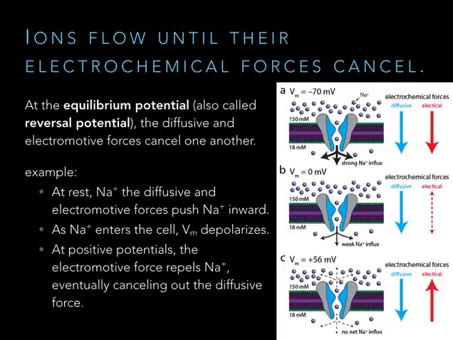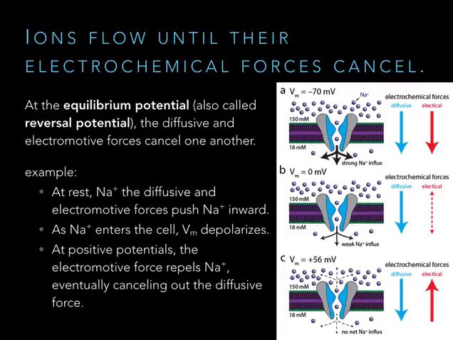Remember, just a small fraction. But the electrical force has certainly changed. If we have a membrane potential of 0 millivolts, that means that the sodium is neither attracted nor repelled by the membrane potential. So there's really no electrical force at this point. It's all diffusive, but it's still being pushed inside.